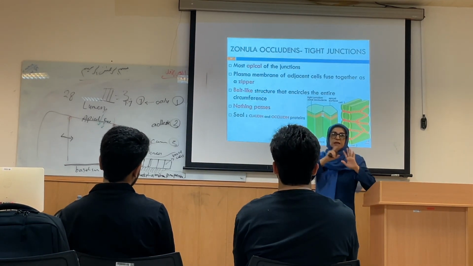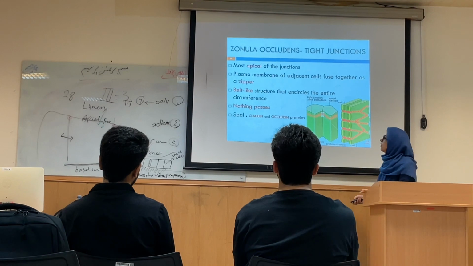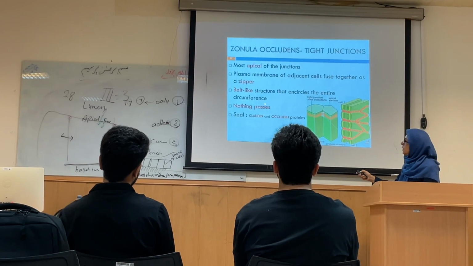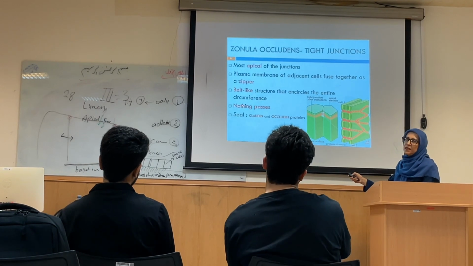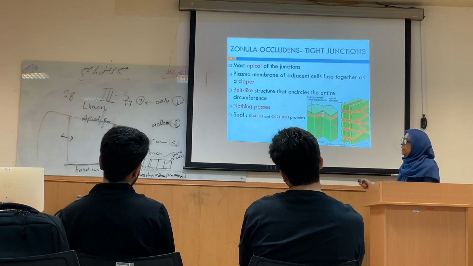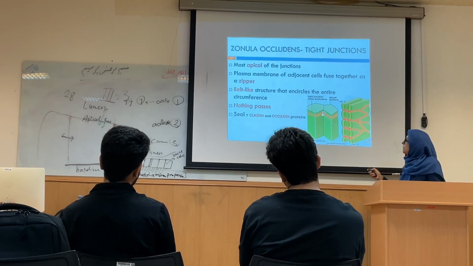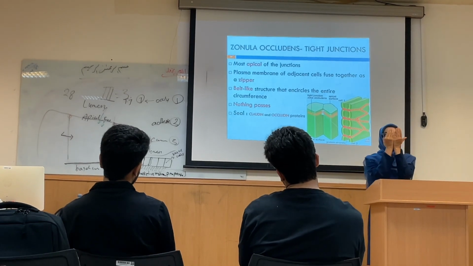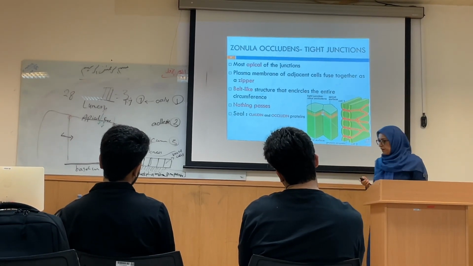There isn't any space between them, and it also acts as a belt. Its function is to prevent anything from passing. The main proteins in this junction are claudin and occludin, which are expressed here and located between the cells and prevent passing of anything.